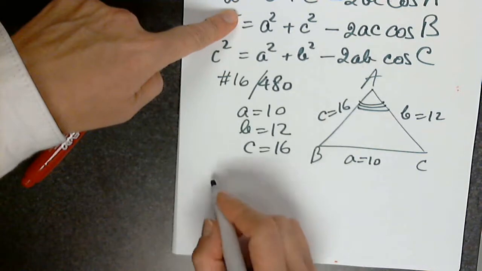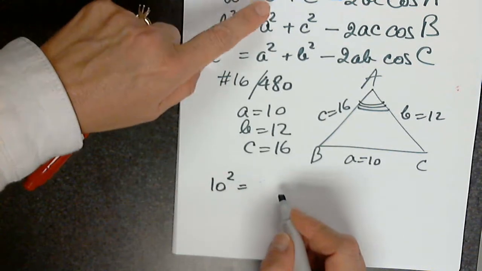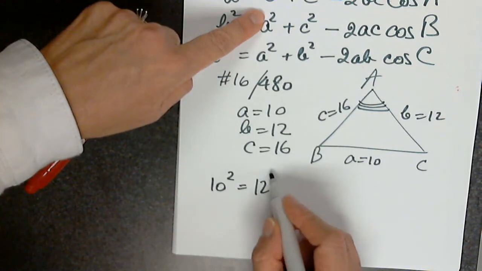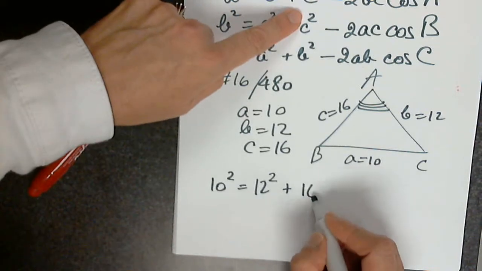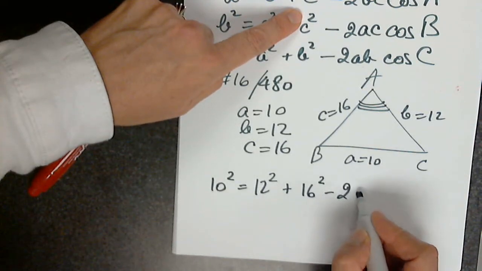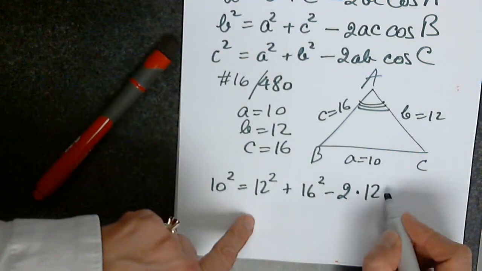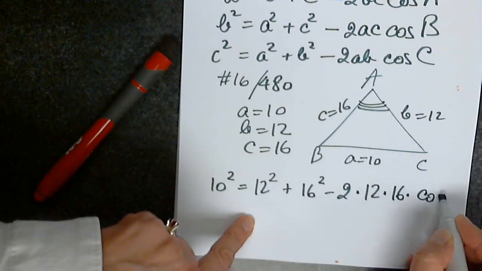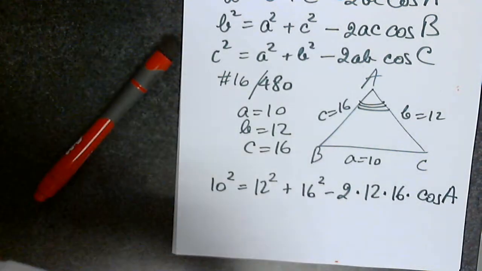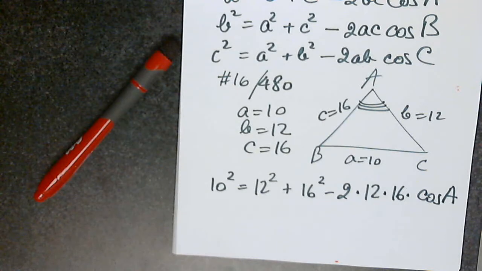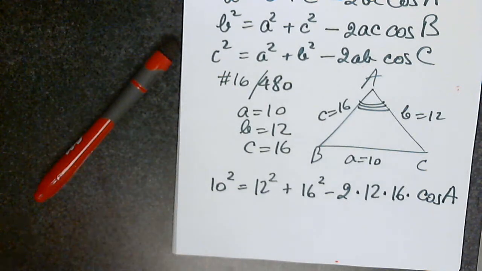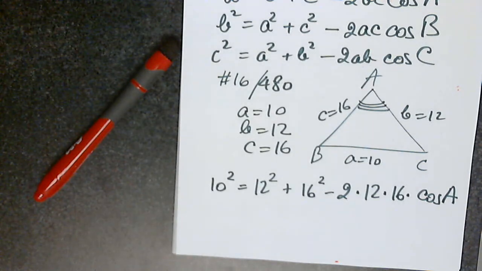So A squared. Don't calculate anything, just write 10 squared equals B squared, 12 squared, plus C squared, 16 squared, minus 2 times 12 times 16 times cosine A. Here's what I'm going to do to determine this.